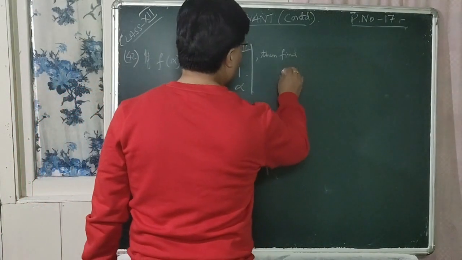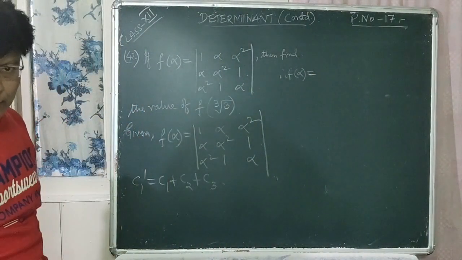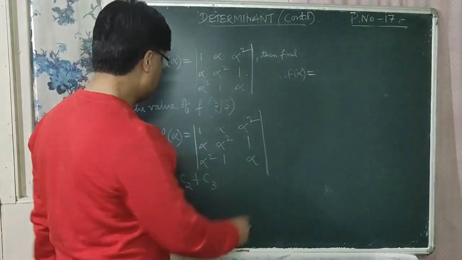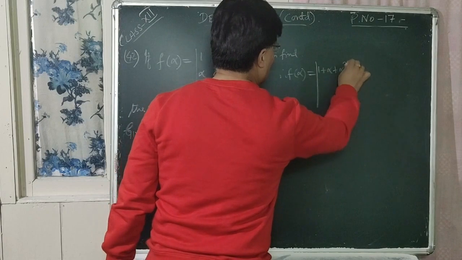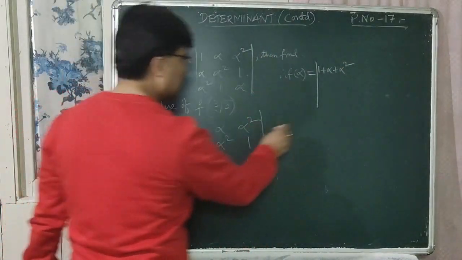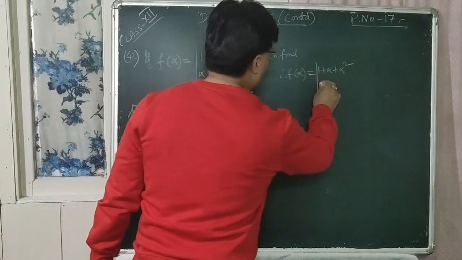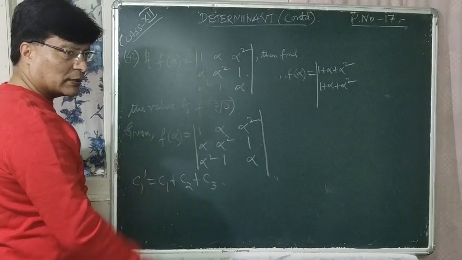Now therefore, f of alpha is equal to, C1 dash means column 1 is changing, right? So how does it change? C1 plus C2 plus C3, right? So 1 plus alpha square. Next, again it is alpha plus alpha square plus 1. That is also 1 plus alpha square. What is the third one?